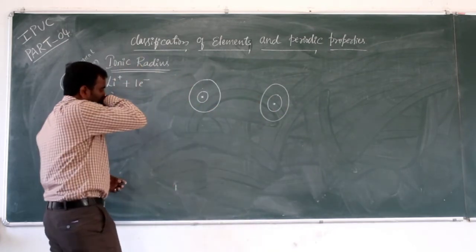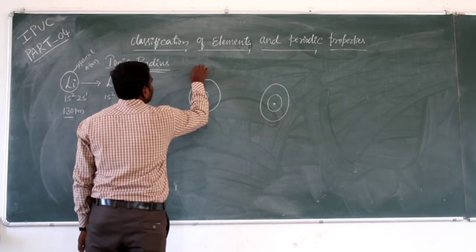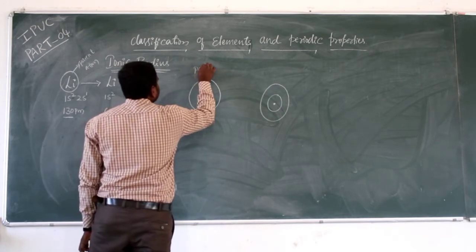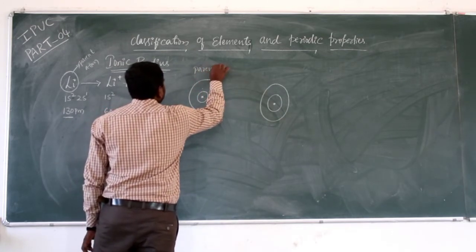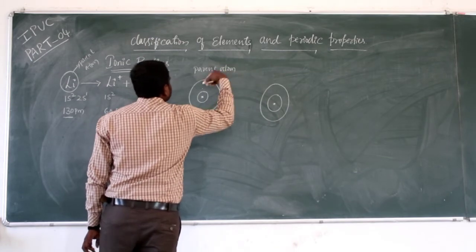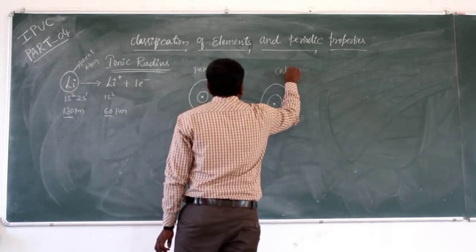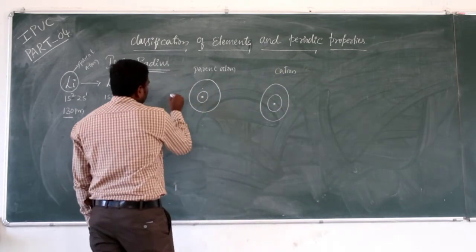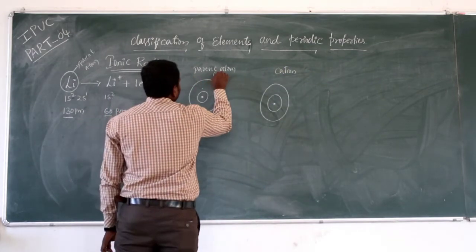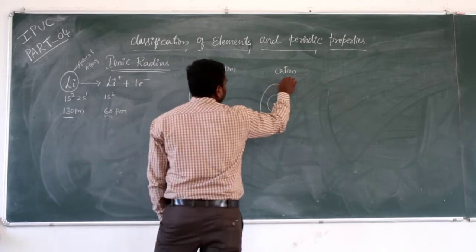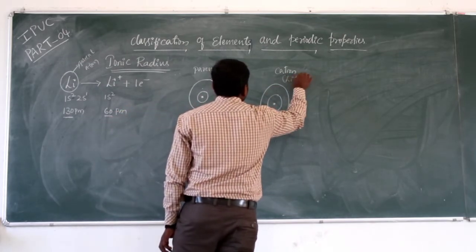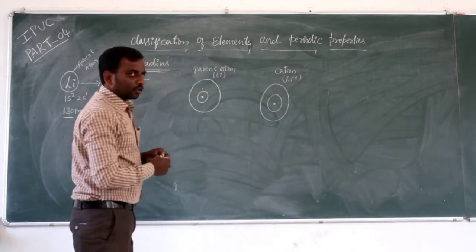Right? Then let us take this as the parent atom and this as the cation. It means this is lithium and this is lithium ion. ಹೇಗೆ smaller ಆಗುತ್ತೆ ಅಂತ ನೋಡೋಣ.